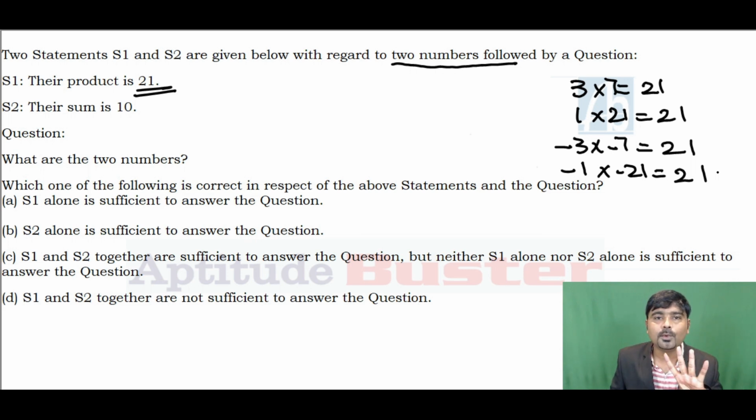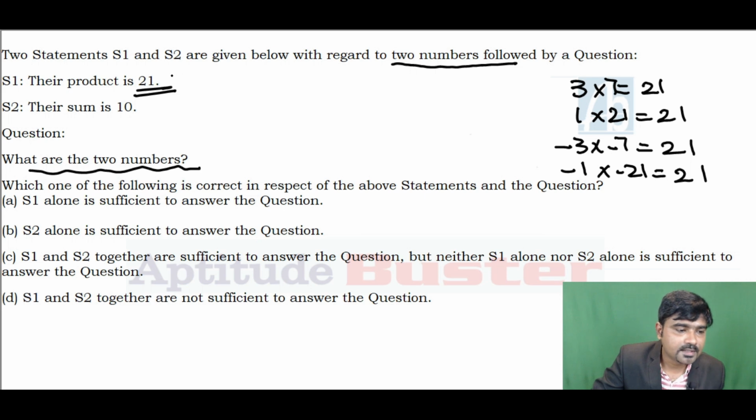Is it correct? Four possibilities are there. The question is, what are the two numbers? Is it possible to find the answer? No, it is not sufficient data. It may be 3, 7 or 1, 21 or minus 3, minus 7 or minus 1, minus 21. The first statement is not sufficient.